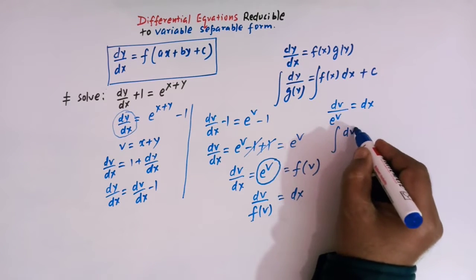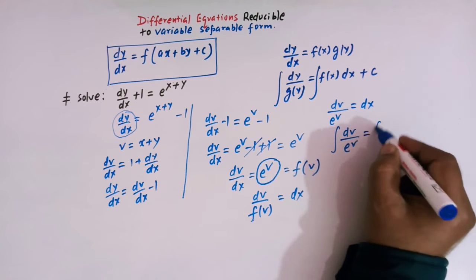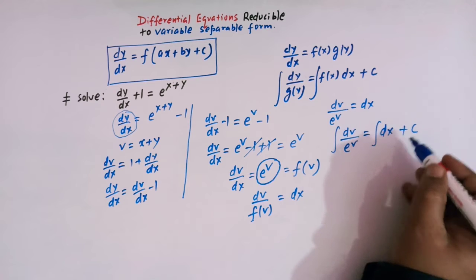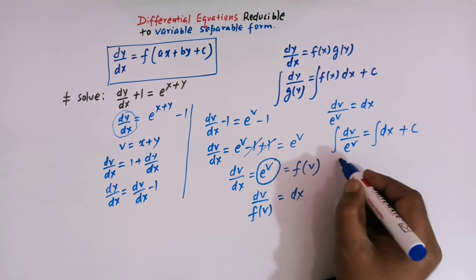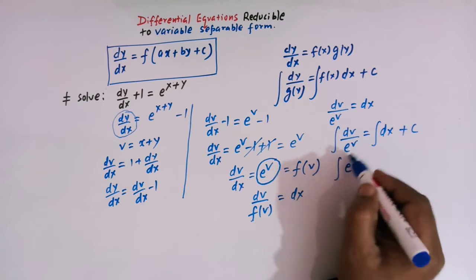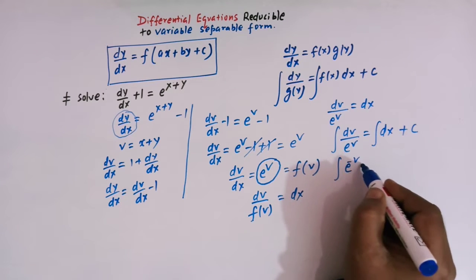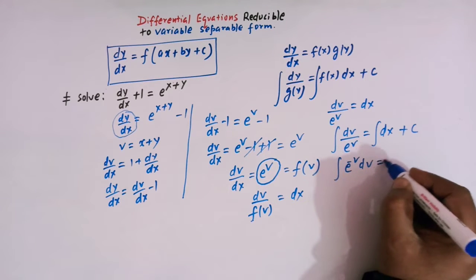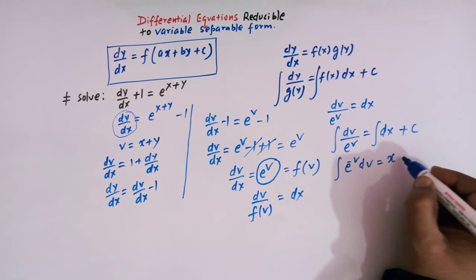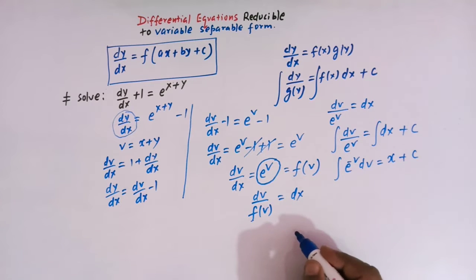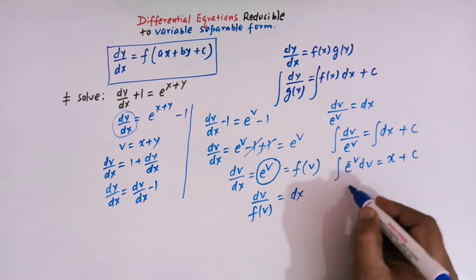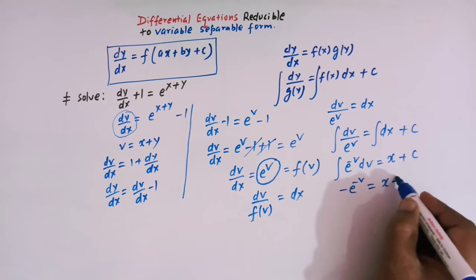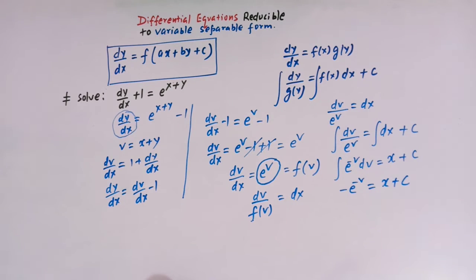Now we can integrate both sides, so we have this equation, right, where c is the constant of integration. Now we can write this integral as the integral of e raised to minus v dv, taking e raised to v to the numerator, and here we have the integral of dx is x plus c, right? And the integral of e raised to minus v is minus e raised to minus v, and here we have x plus c, right?